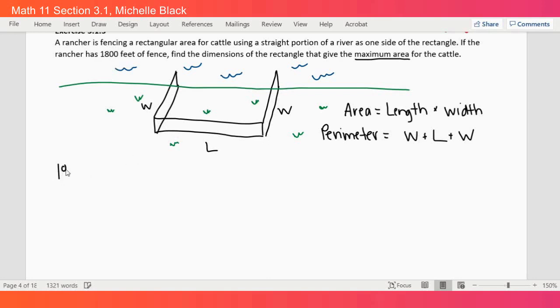So I'm going to change my formula a little bit for perimeter to say 1,800 equals W plus L plus W, or simplifying even further, 1,800 equals 2W plus L. If I add up how much fencing I need for each of my widths and the fencing I need for the length, it should add up to the total fencing I have. Well, I can utilize this equation here to come up with a relationship between L and W so that I can go utilize my area formula.